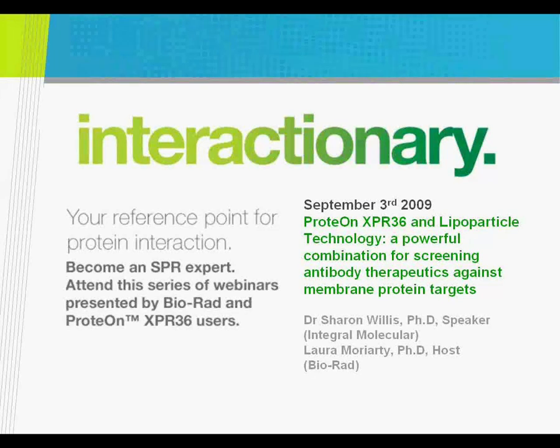So the more protein you capture, the more you can rely on what's referred to as rebinding or mass transport effect. As the molecule dissociates from one, let's say, protein G molecule, there is another one nearby that will anchor it. So you essentially see a nice baseline that doesn't drift.